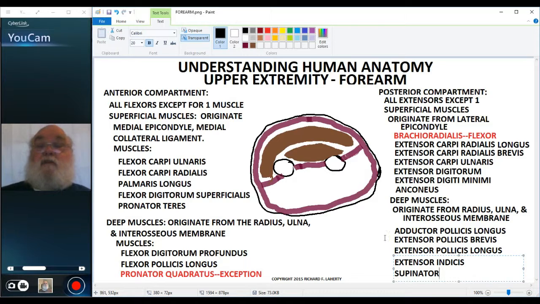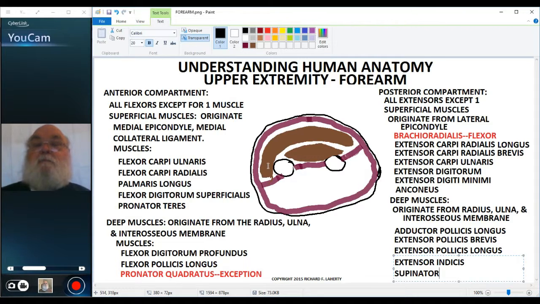So these are the muscles of the forearm, but we can generalize. The posterior compartment muscles are all extensors except for the one, brachioradialis. Anterior compartment muscles are all flexors except for Pronator Quadratus, which only pronates. It does not flex or have any other action besides pronation.